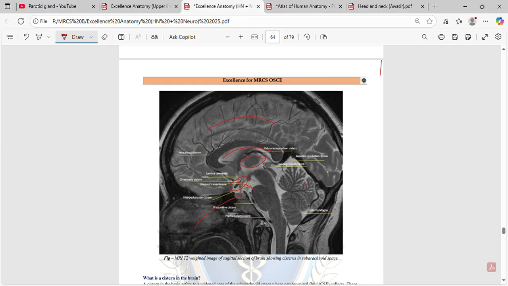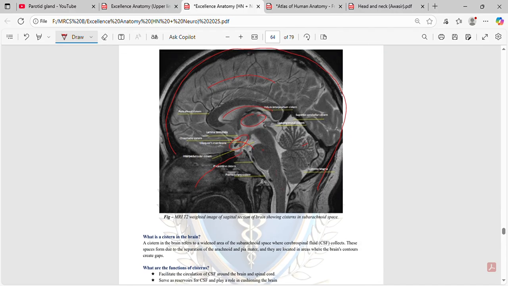Leaving it, we come to the main thing: we have the superior sagittal sinus. Okay, so the cisterna magna is here. This is the cisterna magna. This is not a good diagram. We can move to some other diagram as well.